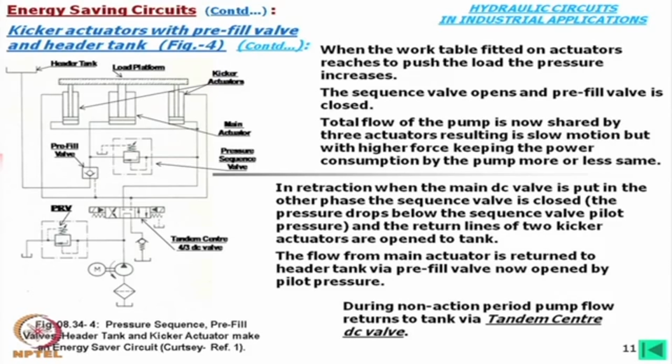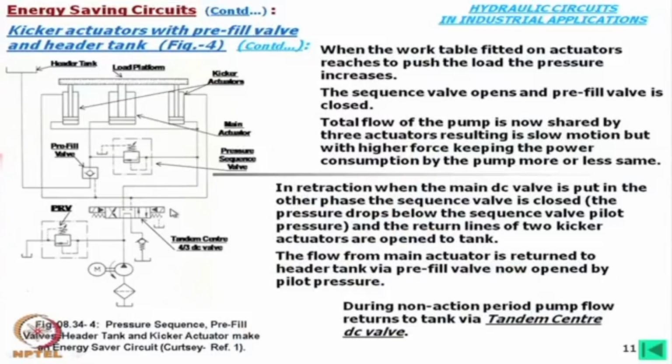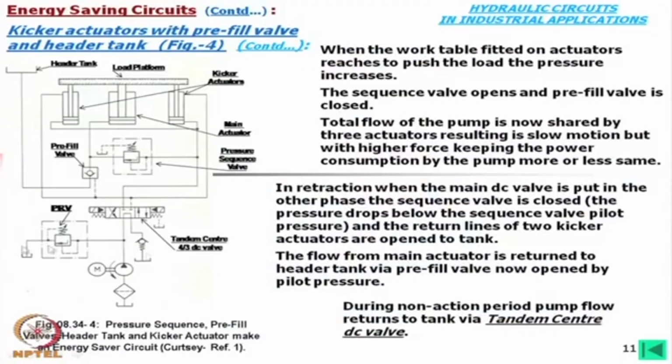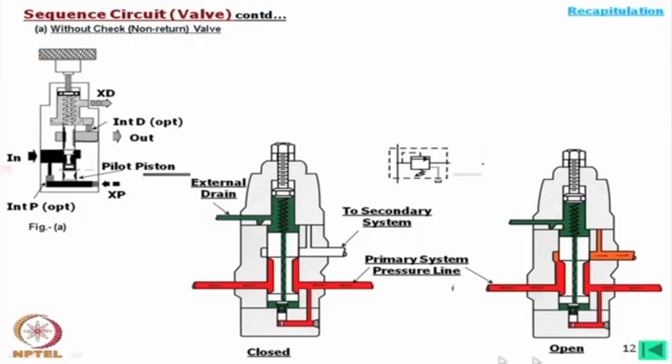Only thing, as there is a tandem valve, the operation will be slightly sluggish than if we can use closed center valve, but really that does not matter, because we are using some pressure, we have to keep the material, we have to move the material. So, if there is a time delay for such operations, this really does not matter. So, this is one example of the power saving systems.